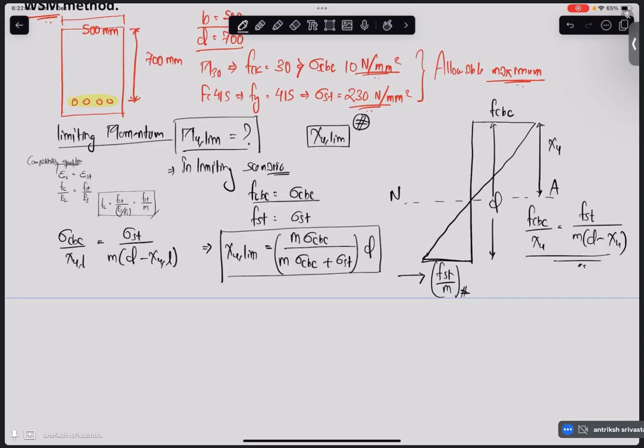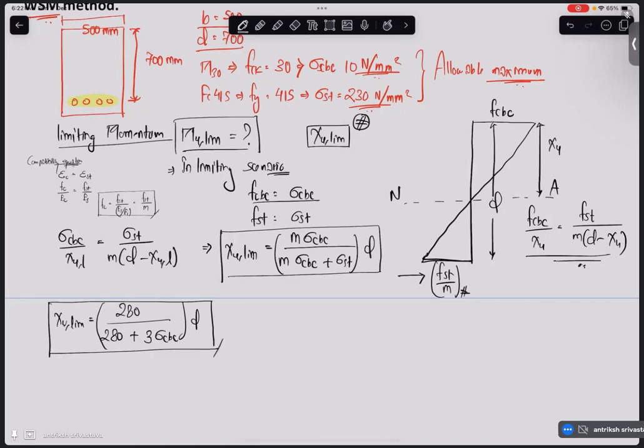Another formula, you will get 280 divided by. So here I made a mistake. Instead of 3 sigma CBC, it should be 3 sigma ST, and I have corrected it in the coming slides. XU limiting.